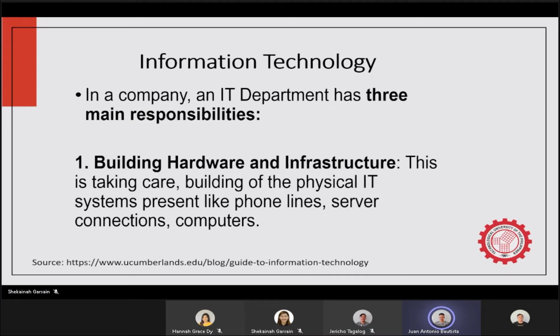So, the IT department has 3 main responsibilities. First, building hardware and infrastructure.